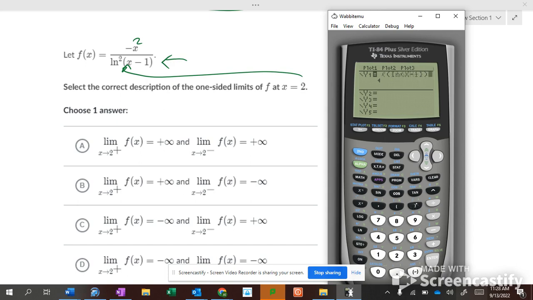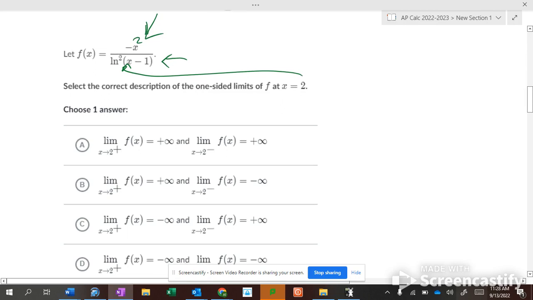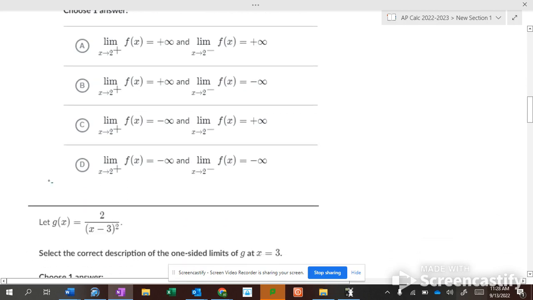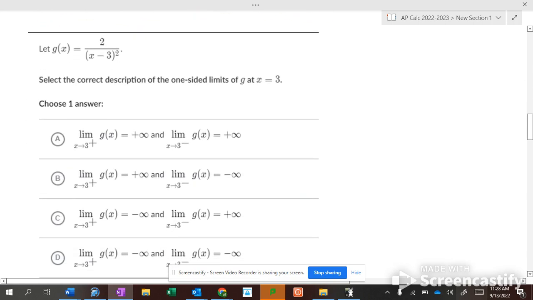And then I go parenthesis, squared, parenthesis. I think that's what I need to do. Graph. And then I have to go zoom 6 to get it back to a 10 by 10 window. Okay. What's happening as we go towards 2 from either way? It's going towards -infinity because no matter what we do, this is negative. Okay. So it's -infinity from both sides.